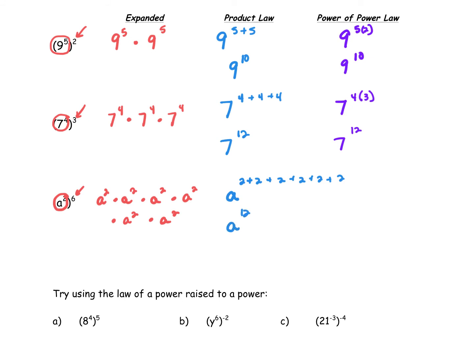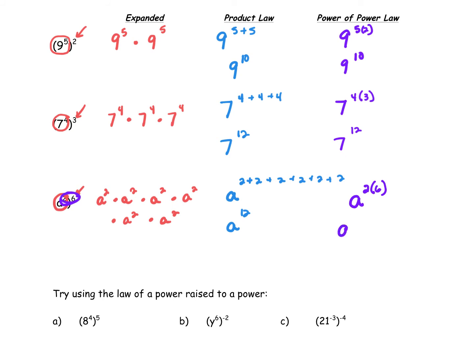And you can see that's kind of the really long way to do this. Once we discover the rule, or understand the rule, power to a power law, I would simply take a and I would multiply these exponents. So this is the expression on the inside, and I multiply the exponent on the inside by the exponent on the outside.